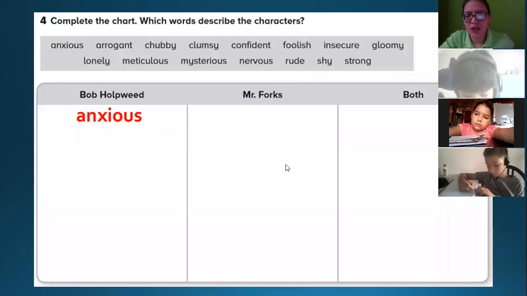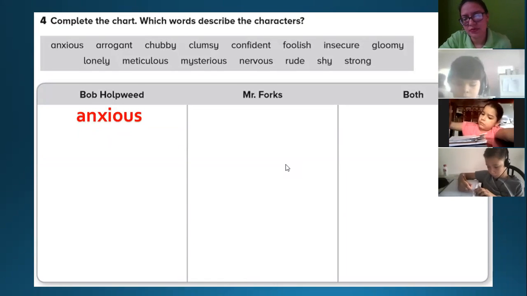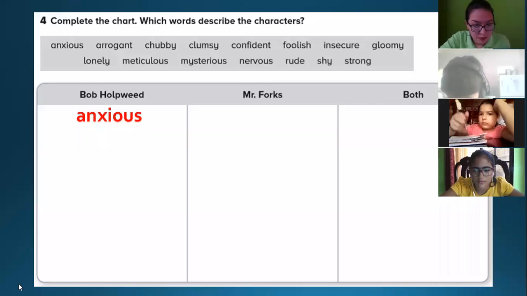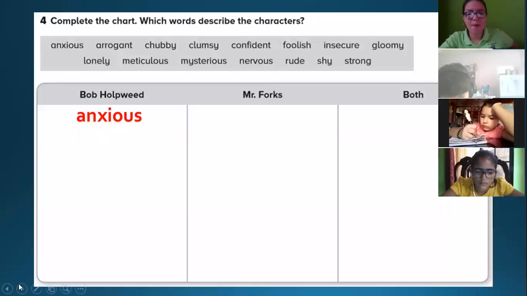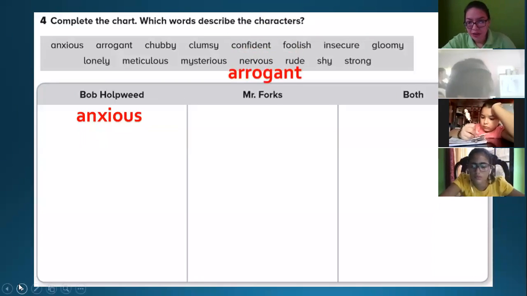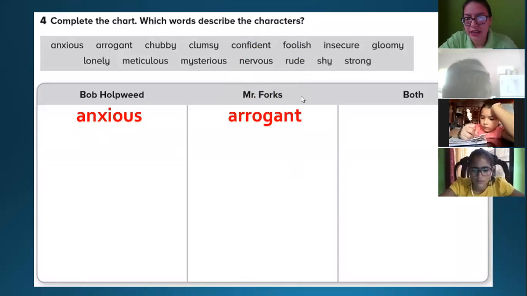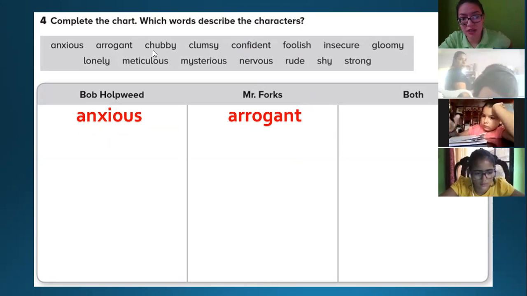Okay, now the other one, Carla, who is arrogant? Mr. Forbes. Excellent. Mr. Forbes is an arrogant man. Hector, who is chubby? It's okay, but you have the answer for chubby.